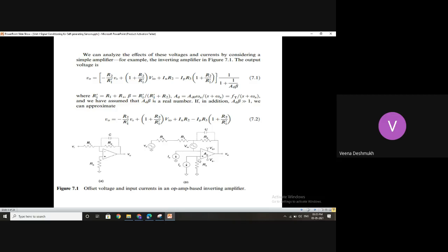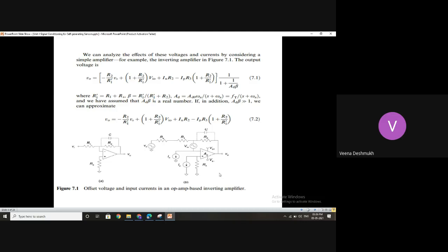Similarly, there is this resistance R3. Ideally speaking, if these two currents, the bias currents to the inverting and non-inverting terminals, are equal, then the difference in these two voltages is going to be 0, which gives us 0 DC offset.